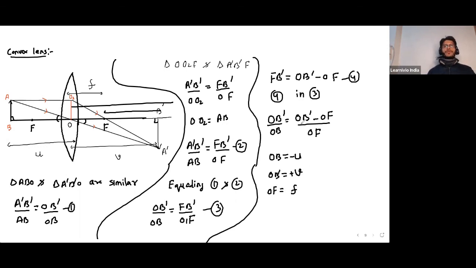OF is your focal length F. If I substitute all these values here, then this is V divided by minus U, equal to V minus F divided by F. So you have minus V by U is equal to V minus F by F. If I cross multiply them, this is minus of VF is UV minus UF.